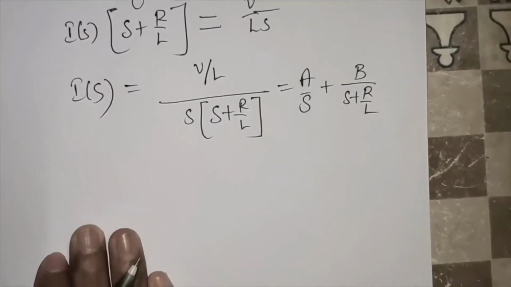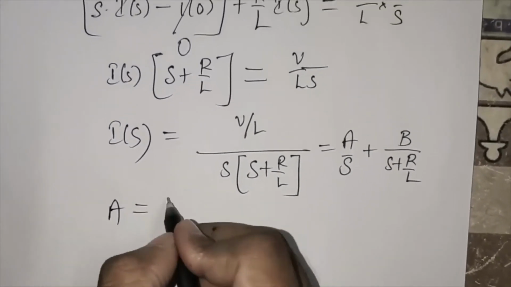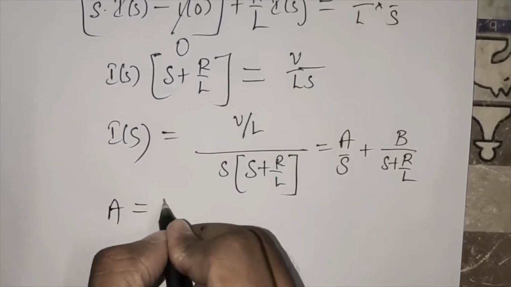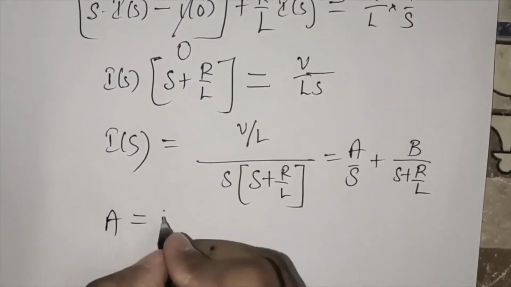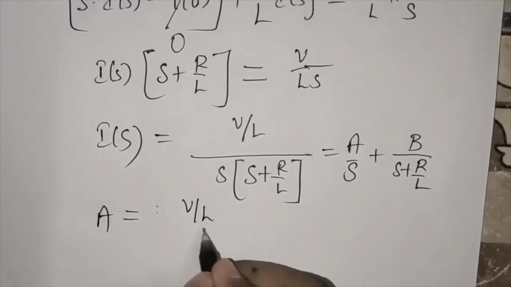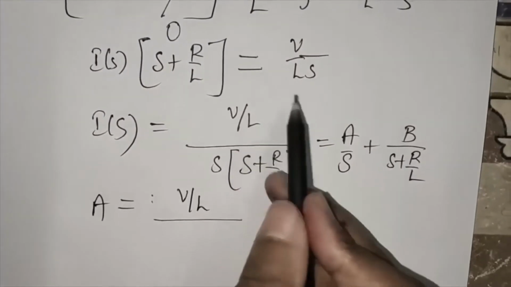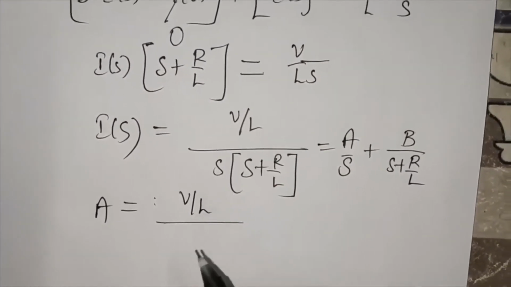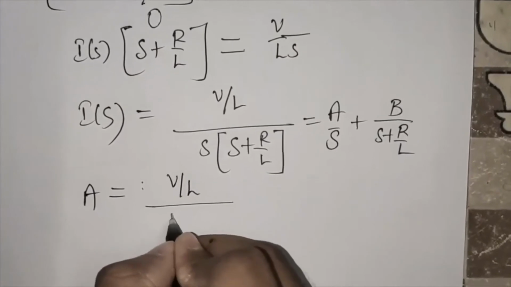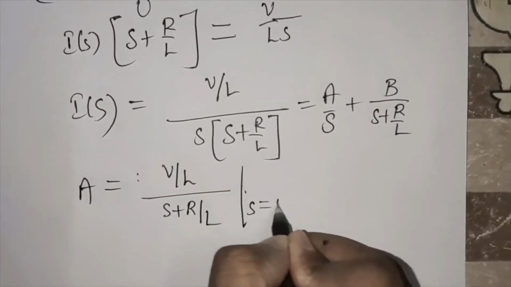On applying partial fractions, to get the A value, consider the entire expression except s, and substitute s equal to 0.